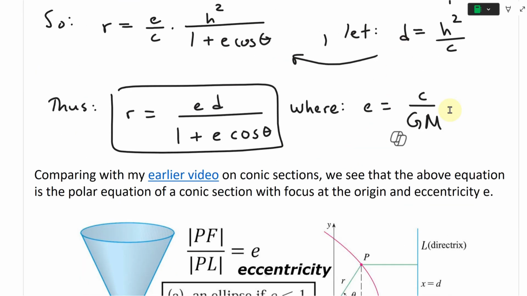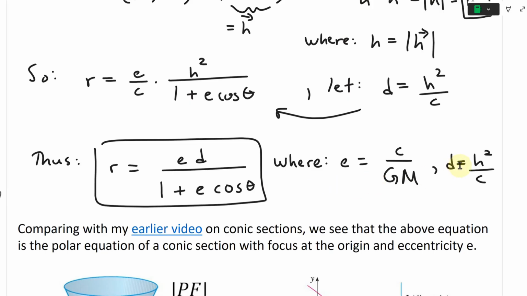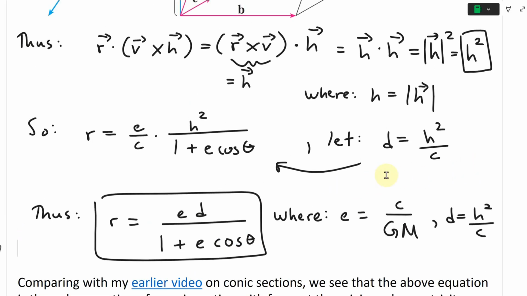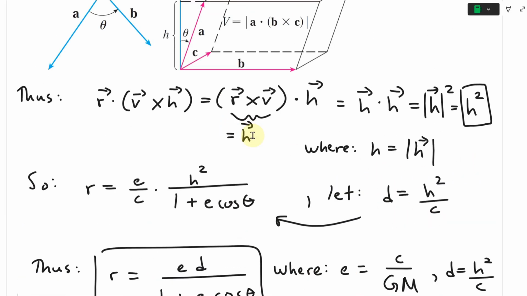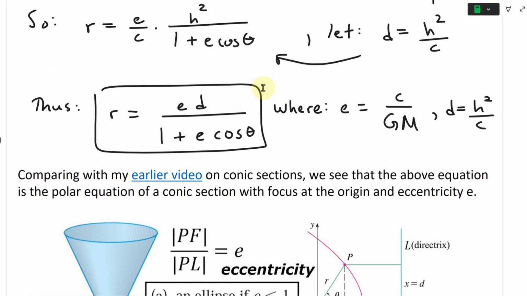And then D equals H squared over C, like that. And again, remember, H is the magnitude of the cross product of R cross V, so of the planet's position and motion. So fascinating stuff.